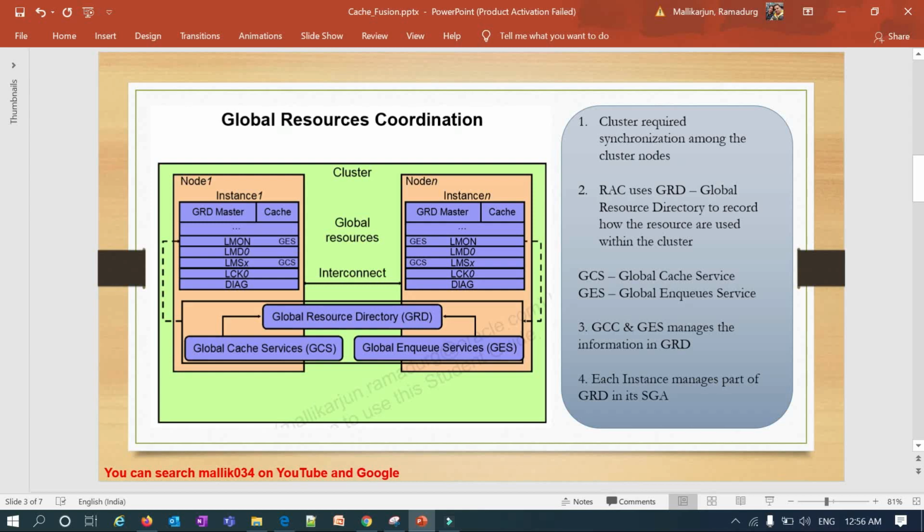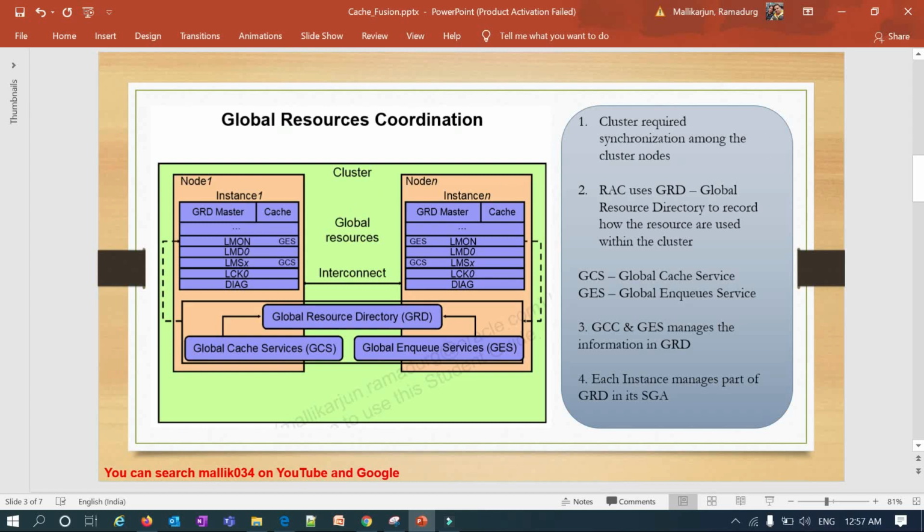If you read this writing here, the cluster requires synchronization among the cluster nodes. If you have a 2 node cluster, 3 node cluster, or 4 node cluster, each cluster node requires synchronization among the cluster nodes. I have a 2 node RAC and both nodes should be synchronized with each other. That's the first point.